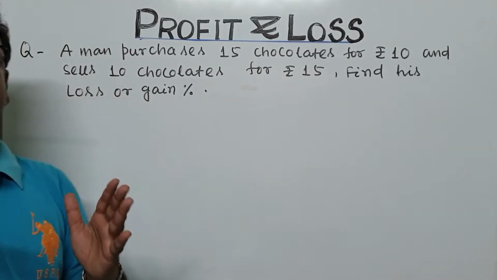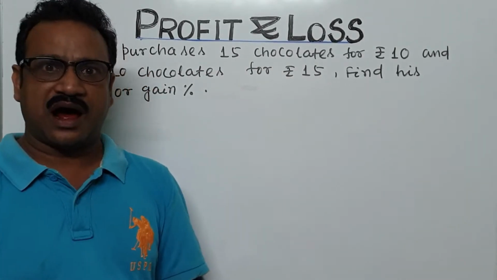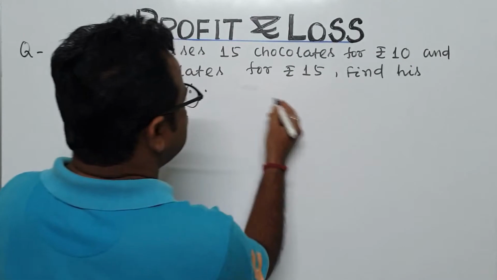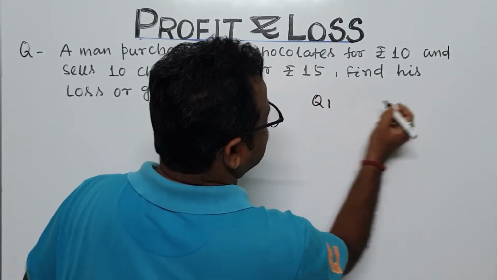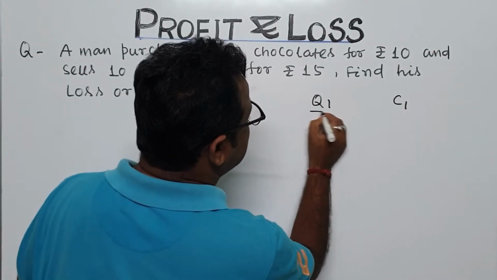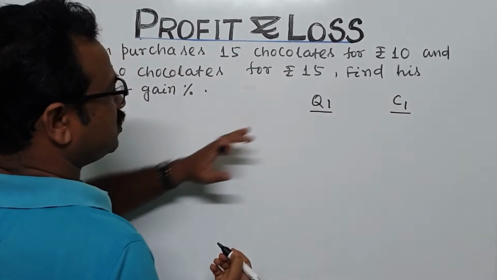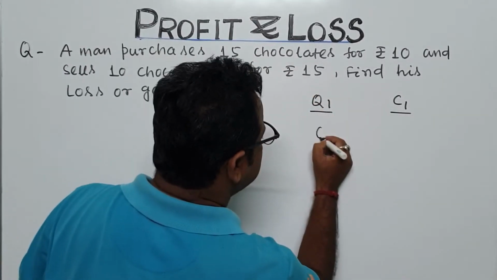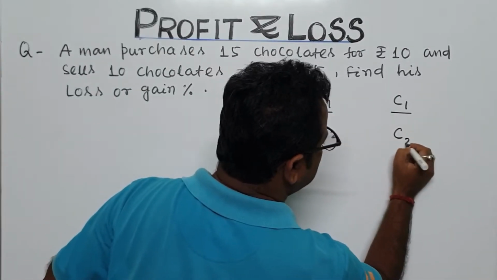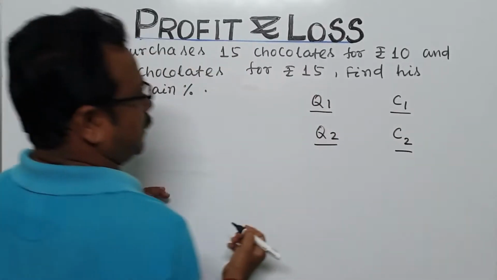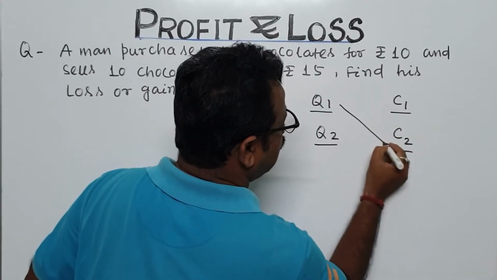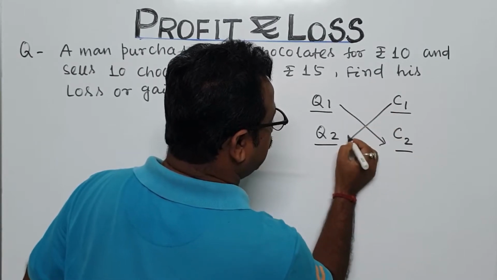But here we will apply the direct formula. How? Now see, Q1, cost C1. This is quantity, this is cost. Second, quantity Q2, cost C2. Okay. Now I will apply the formula.